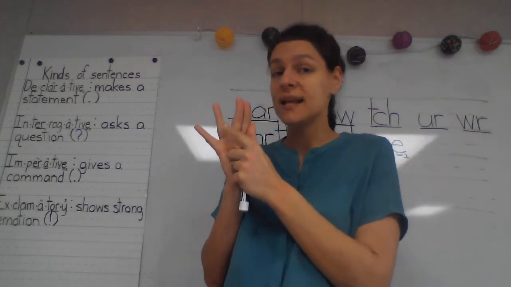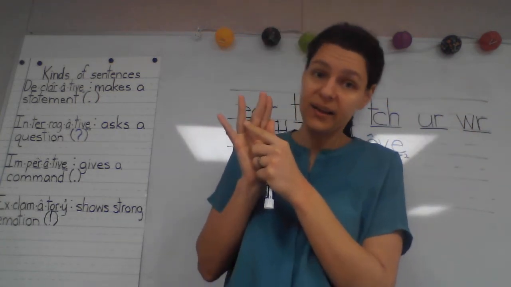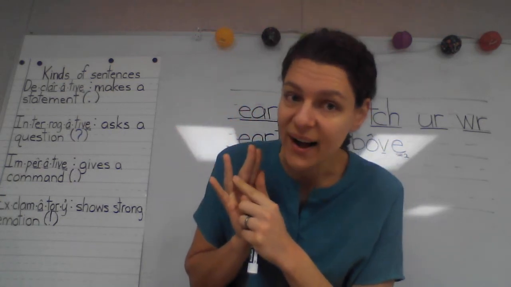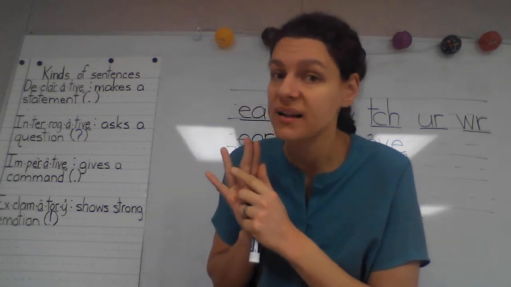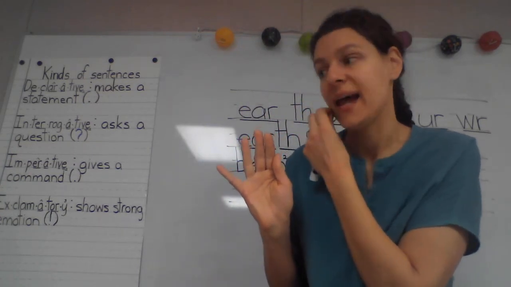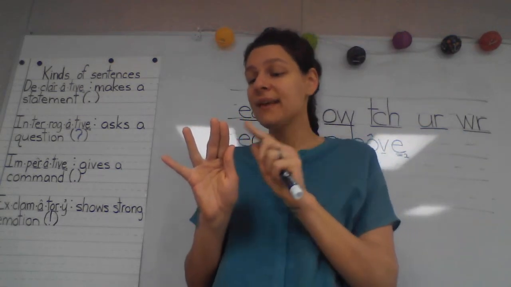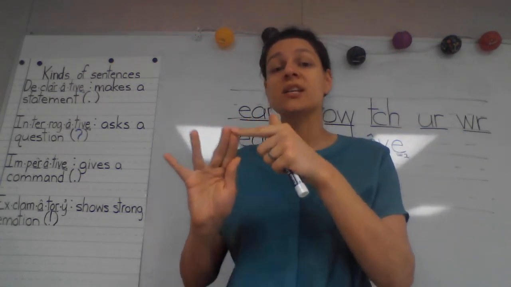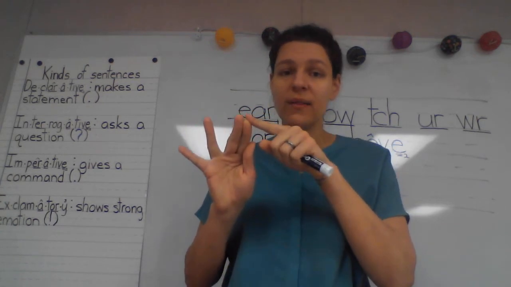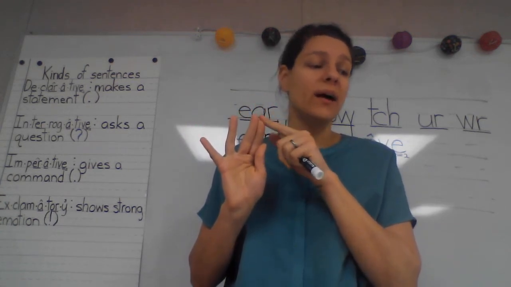All right, there's two things we need to remember for watch. The first one is that our a is not our usual a. In watch, our a is ah, a, ah. Class, which a do we use in watch? Good. Ah, a, ah. And then the other thing to remember is that our ch is ch, 3-letter ch, used after a single vowel that says ah, or a.